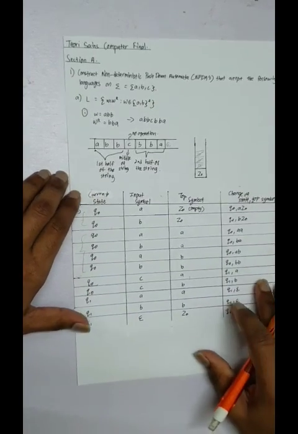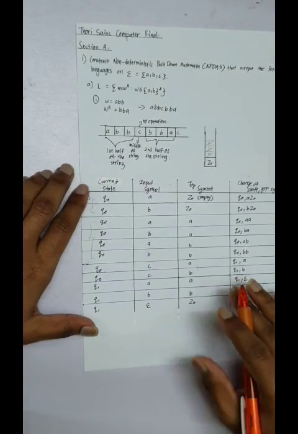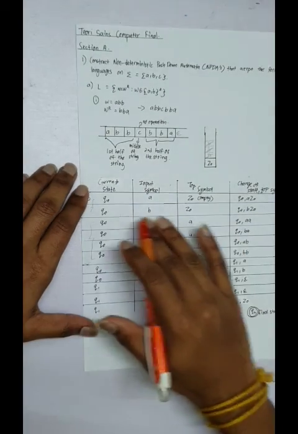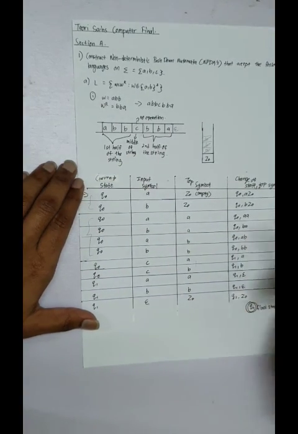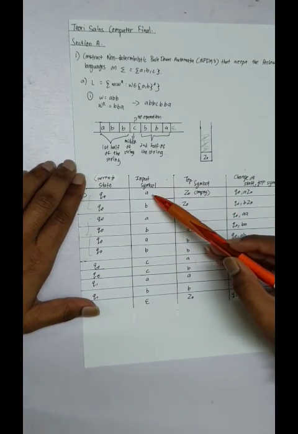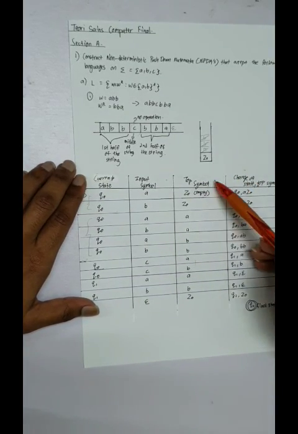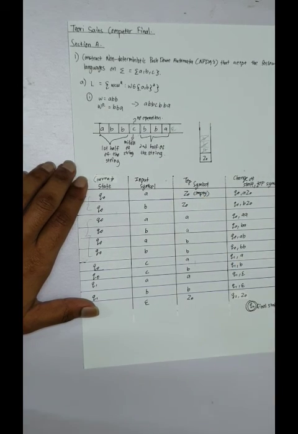So now next, let me do the push-down automata. We have 4 items: current state, input symbol, top symbol, and change of the top symbol. Let me assume we start with q0, input symbol a, with the top symbol Z0, which is empty.